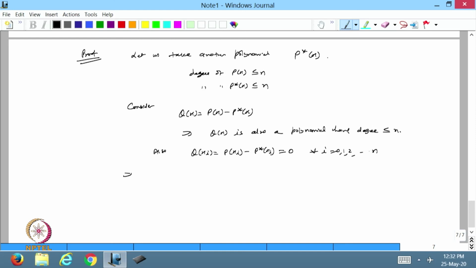Now, since q x is a polynomial of degree less than or equal to n, which has n plus 1 distinct roots, because these all are the roots basically.